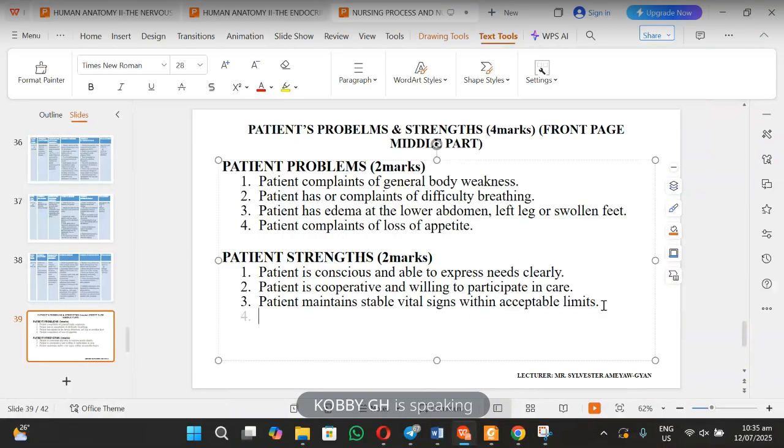What strengths are you going to give to loss of appetite? Patient complains of loss of appetite. What strengths do you people usually write?